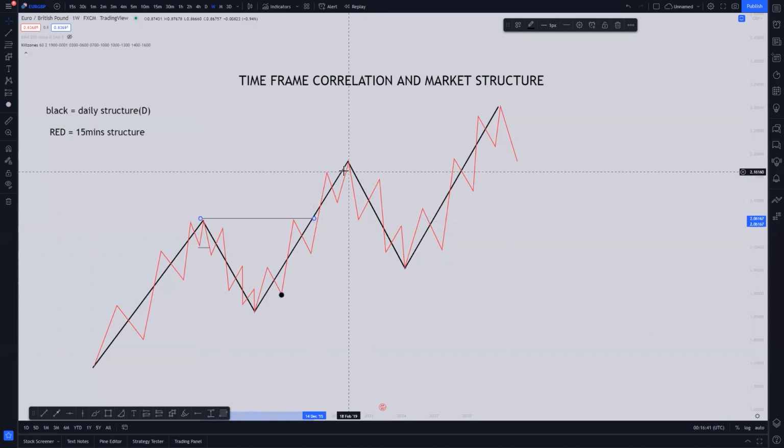Why? Because your higher time frame is bullish. Since we have started the next impulsive leg, we are heading to clear this high. So we want to set our target based on the daily because we caught a very nice move. I hope you are getting what I'm saying. You need to know how to correlate time frames together.